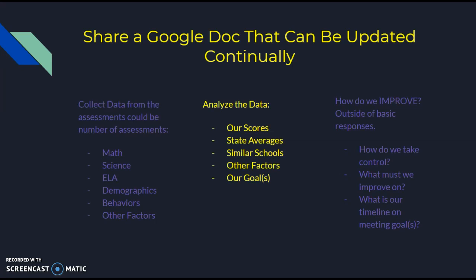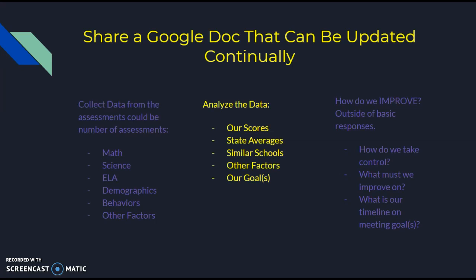If we did a sheet, then each tab could be a different year. And then from there, you'd have your math, your science, ELA, maybe your demographics, or some of your behavioral stuff, and then any other factors you believe are affecting your data, or impacting your data, I guess could be a better term there. And then from there, it would be a lot easier to analyze that data.